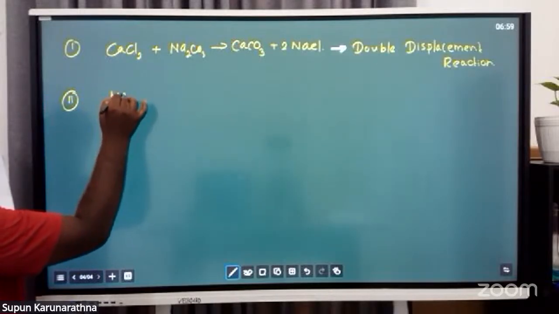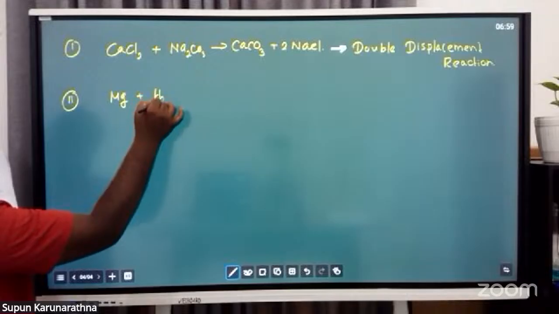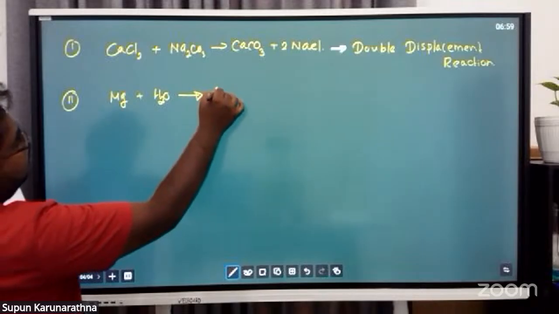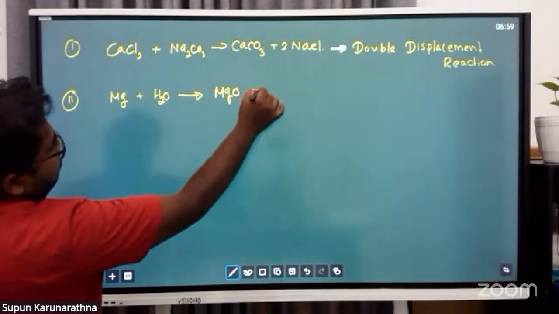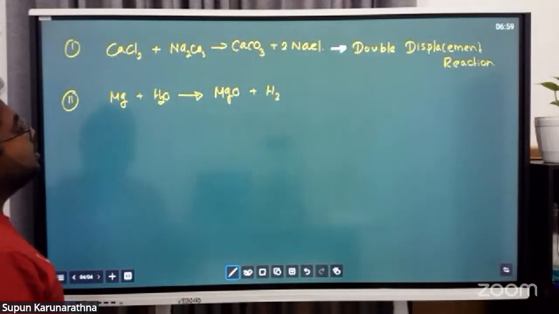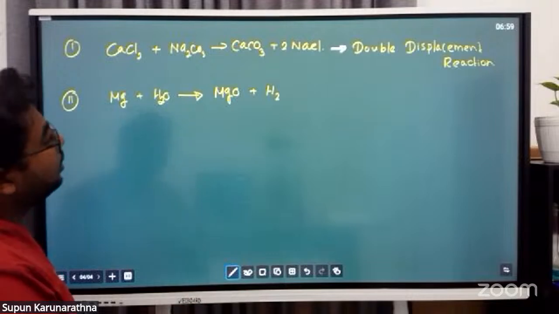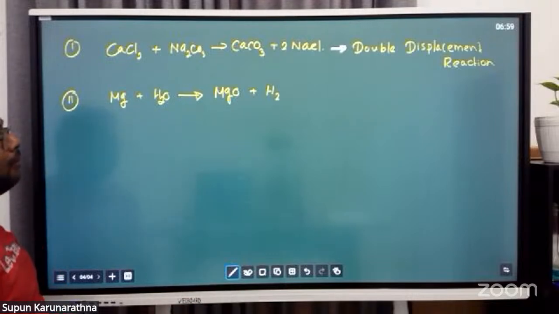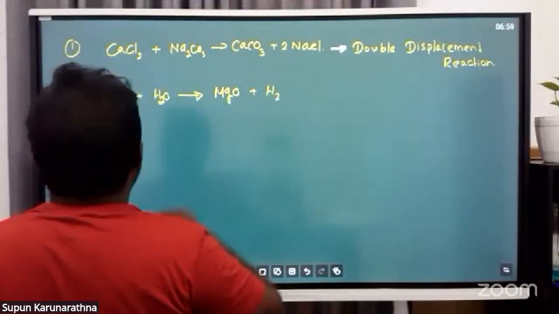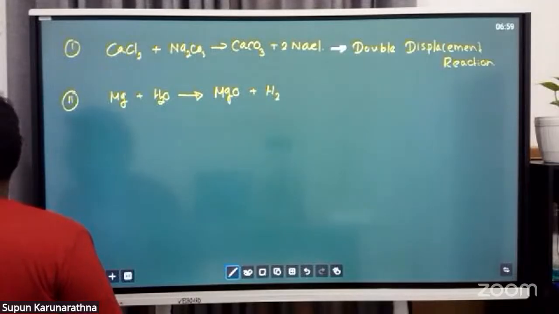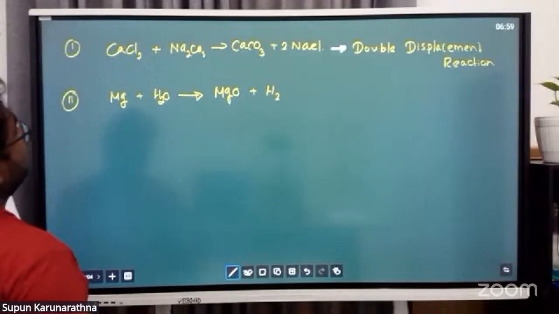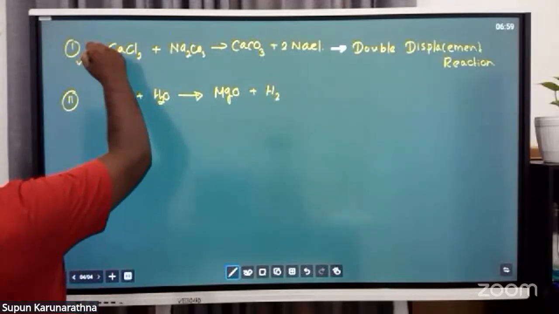The second one, magnesium plus water, it's producing... So what do you think about that? Previously I wrote the reaction of magnesium with water. Asking about selecting the double displacement reaction, the first one is the correct answer for this question.